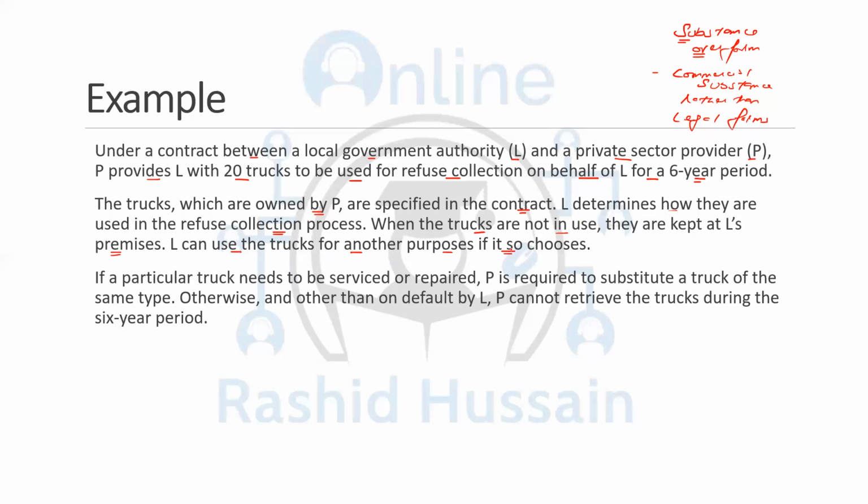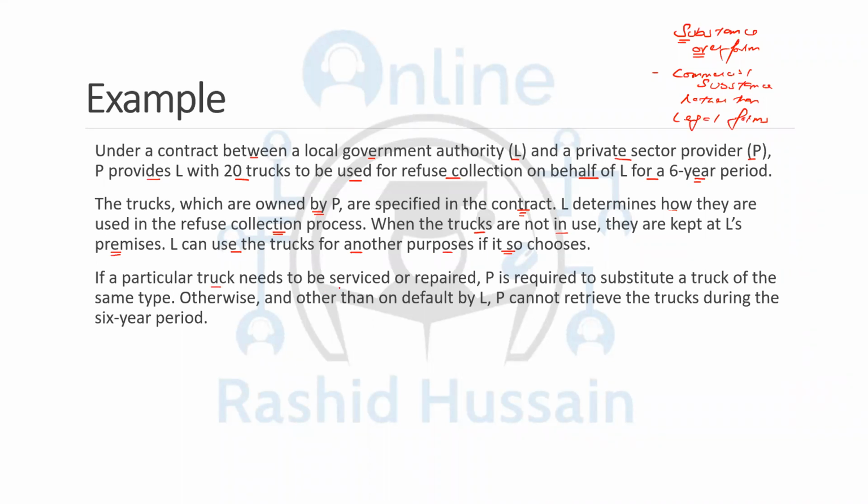That means if they want to use them another way, they can, because all the economic benefits belong to the lessee, and the lessee is directing the use of the identified asset. So the criteria are met. There is evidence of an identified asset because the trucks are specified within the contract, and the lessee can direct the use of the asset according to their own wish, including uses other than refuse collection.